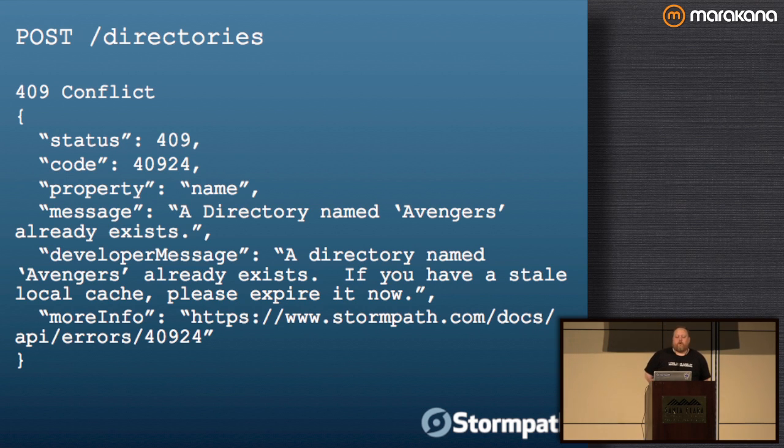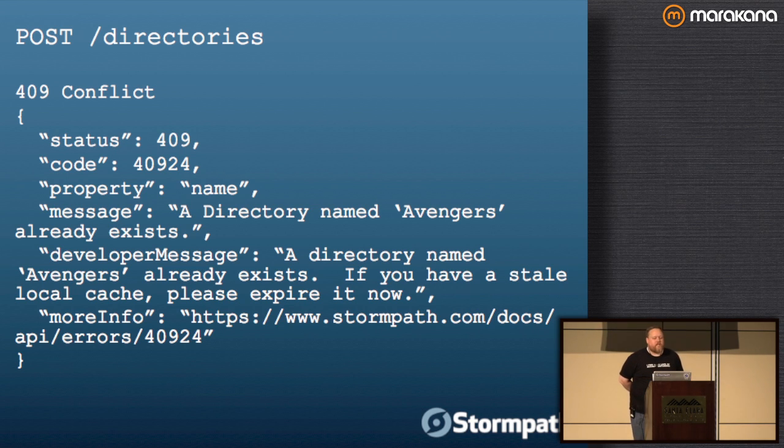We have an internal code that is specific to Stormpath's API, and the reason why we do that is because the HTTP spec only has something like 24, 25 error codes from the 4xx range to the 5xx range. And if you think about it, that's not a whole lot of codes to accurately represent error conditions or reasons why something failed. So in addition to the HTTP status code, we also provide an application-specific code that gives them a lot more information of why the request failed so that they can go resolve that problem themselves.